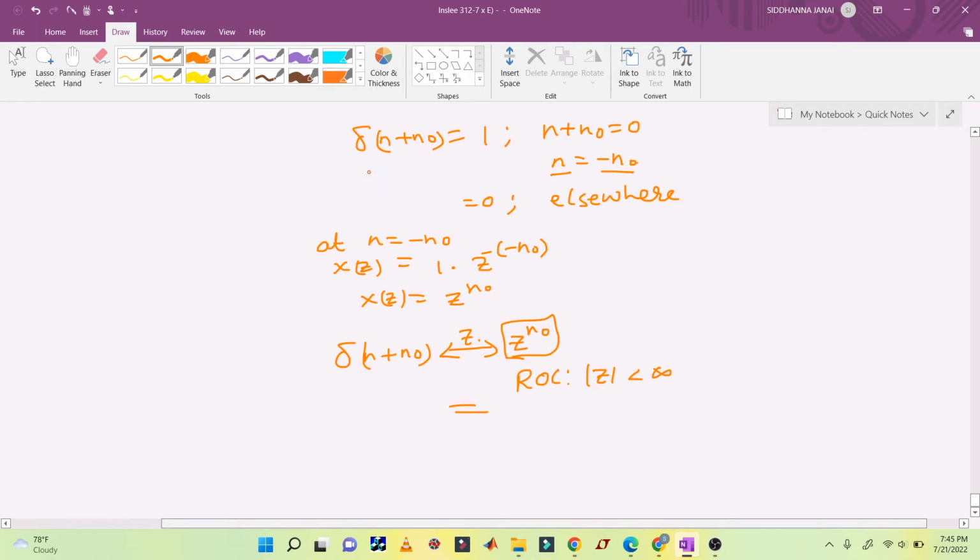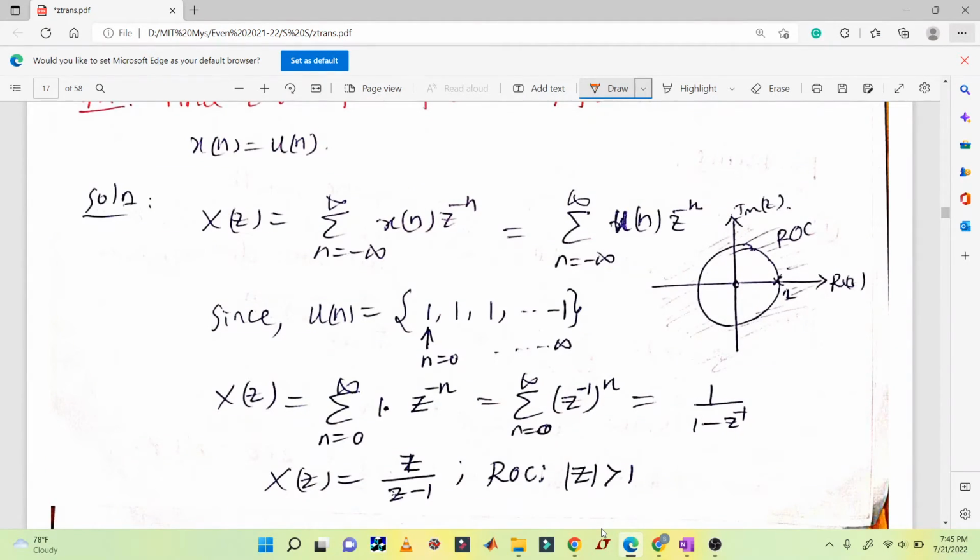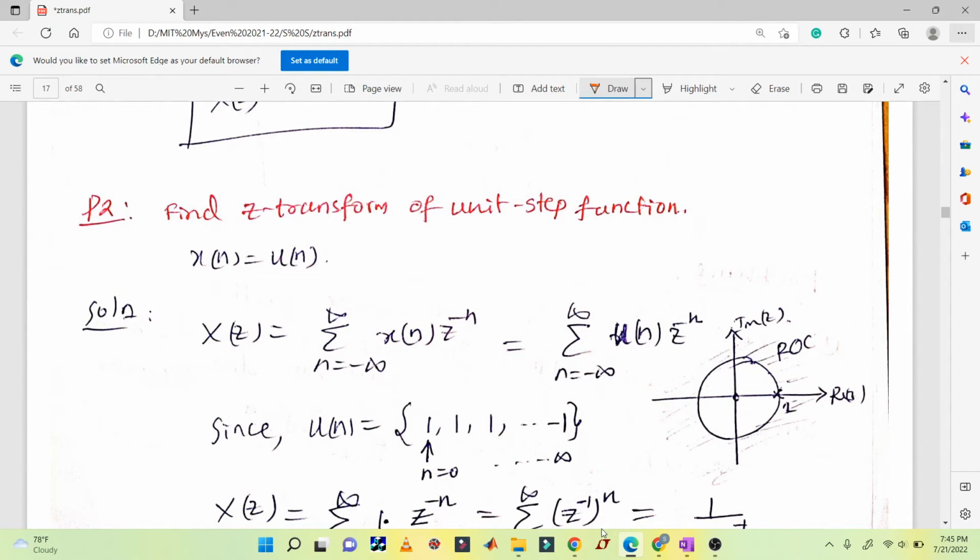Now let us move on to the next set of important problems, that is the basic unit step function. Find the z transform of the unit step function. Let me solve this problem.